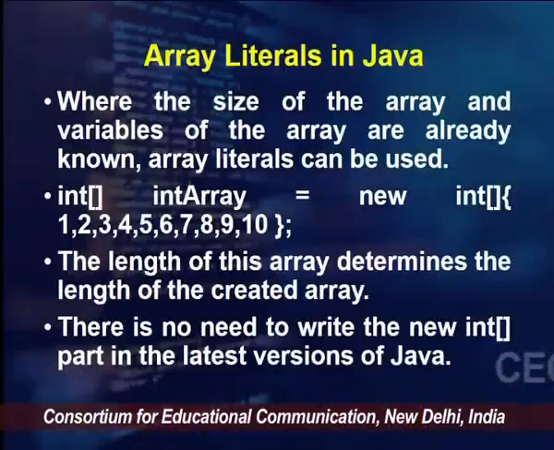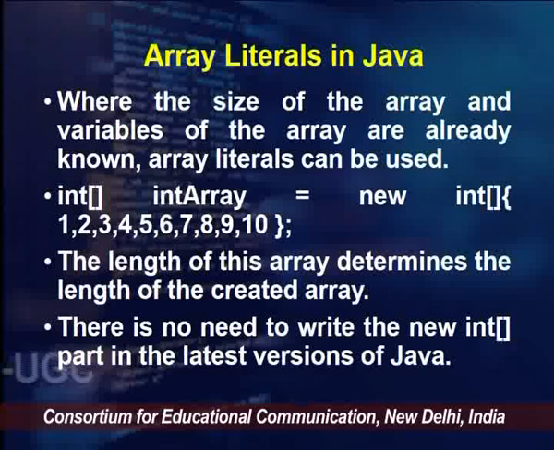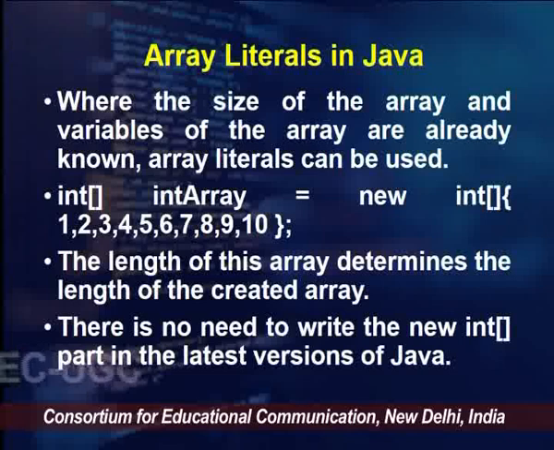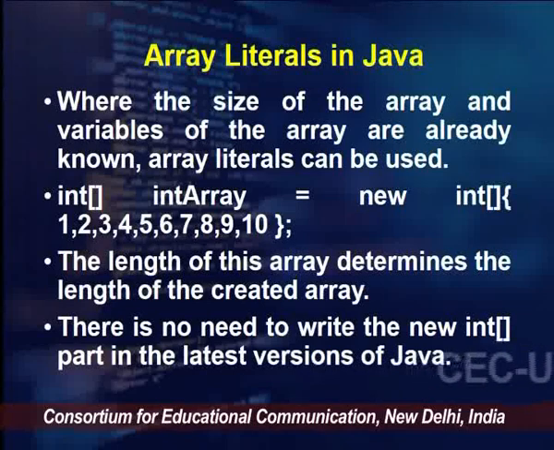Now there is a perfectly possible situation in which the size of the array is known, as well as the values of the array are already known. That means at the time of creation of the array, you are aware of the contents of the array and you are sure that this is going to work. So we can use array literals here.